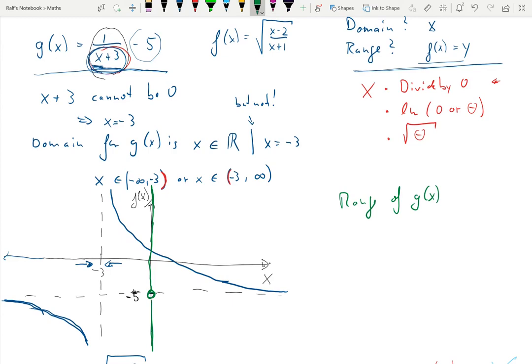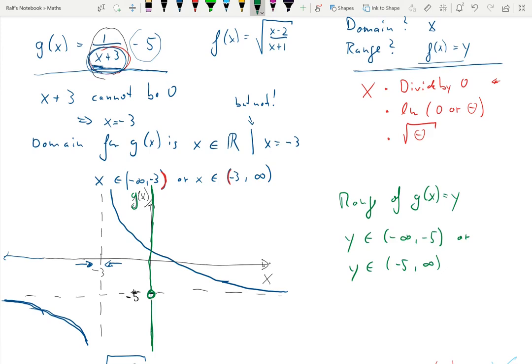So the range, and that was g, I forgot that. So g of x is, well, we'll call that y, it's easier to write. So y is element of -infinity to -5. Infinity always gets a round bracket. -5 is not included, so also a round bracket. Or from -5, not included, to positive infinity. Okay, so any value of the function will fall into one of these two intervals.